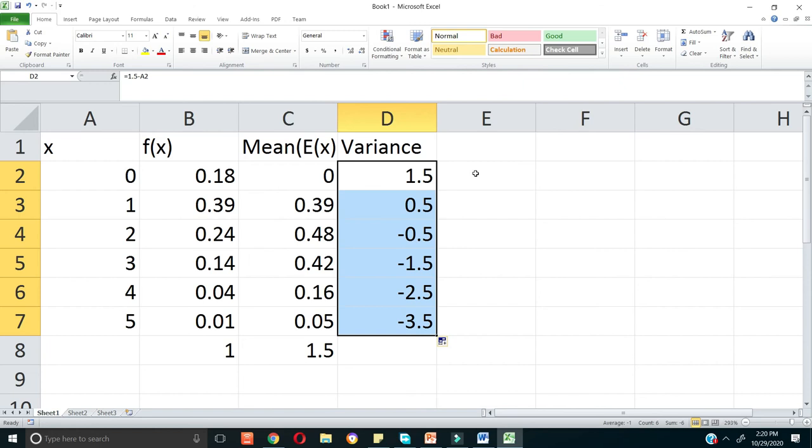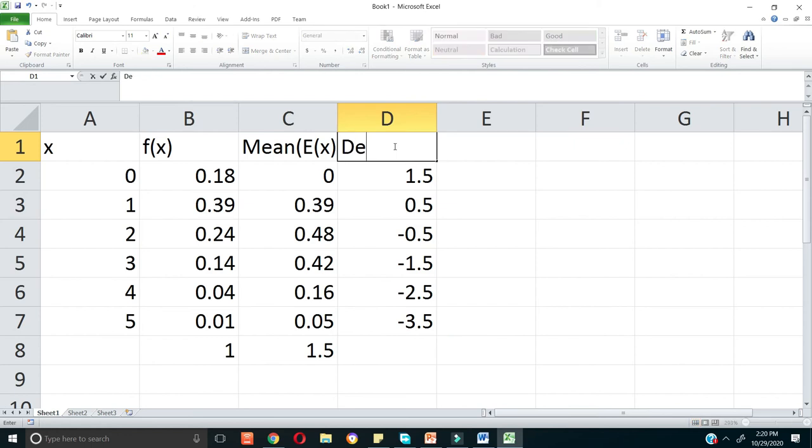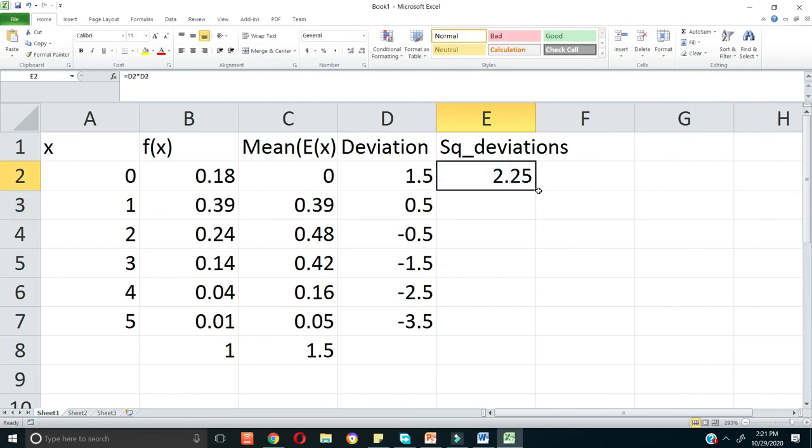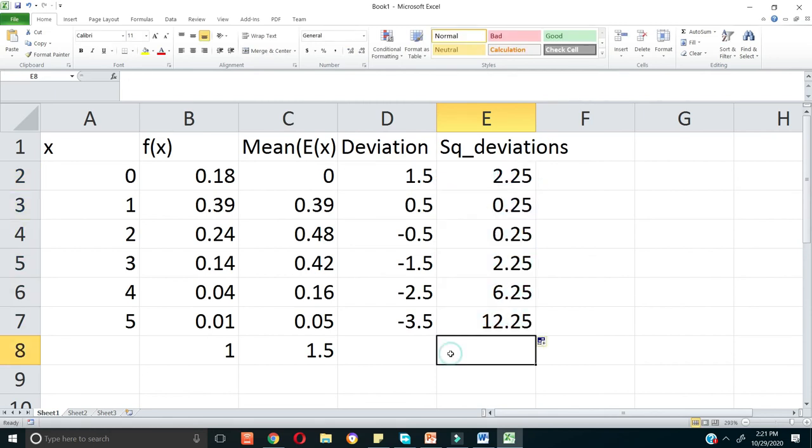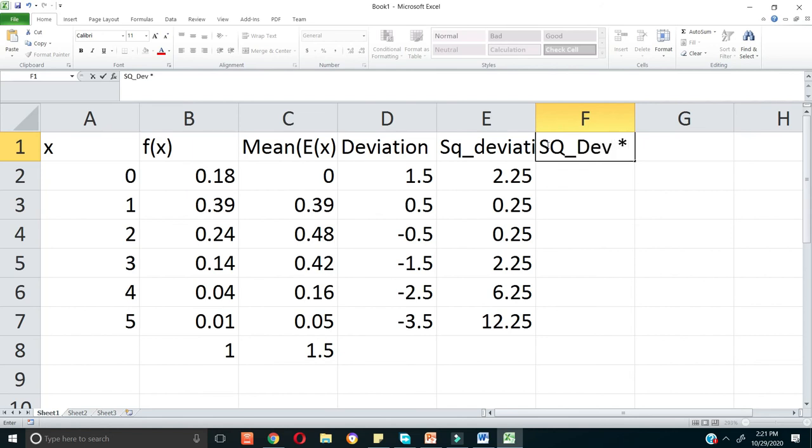And of course you're going to square this. First you have to get the deviation, then you want to get the squared deviations, which is this multiplied by itself. Then you want to get the summation of the squared deviations multiplied by the actual frequencies.